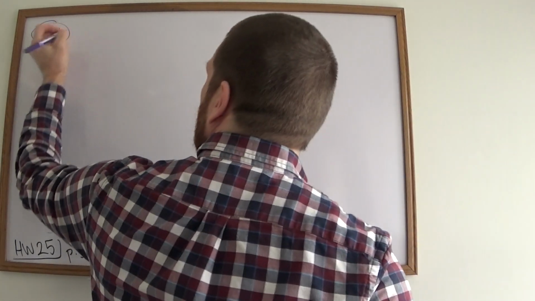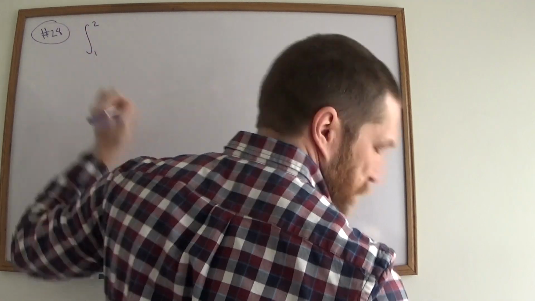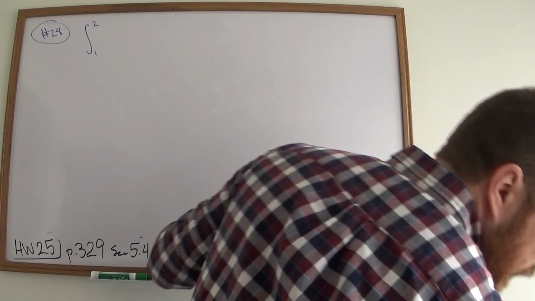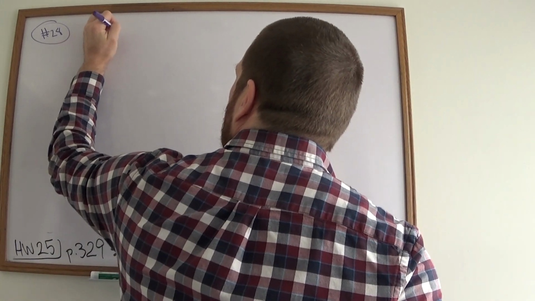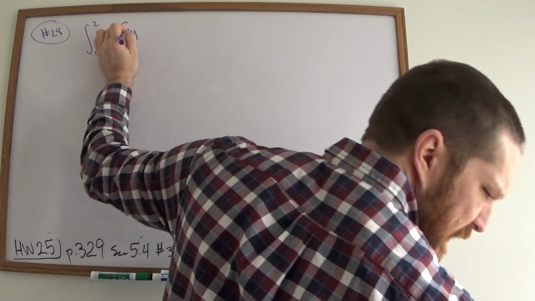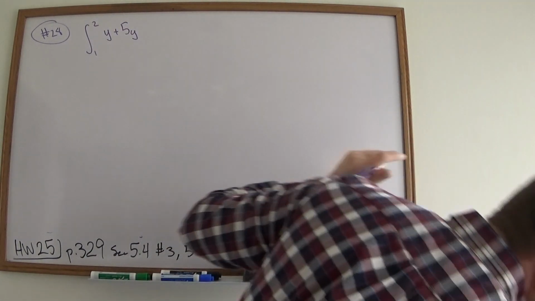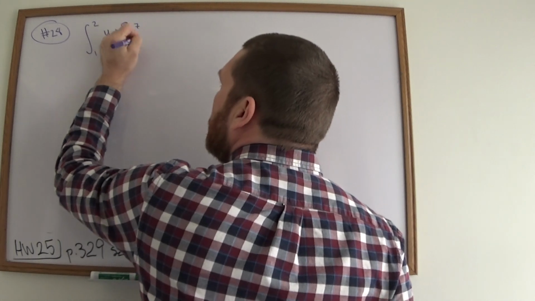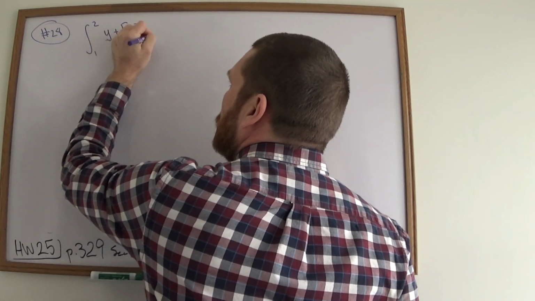So we're going to do a definite integral from 1 to 2 of y plus 5y to the 7th over y cubed dy.